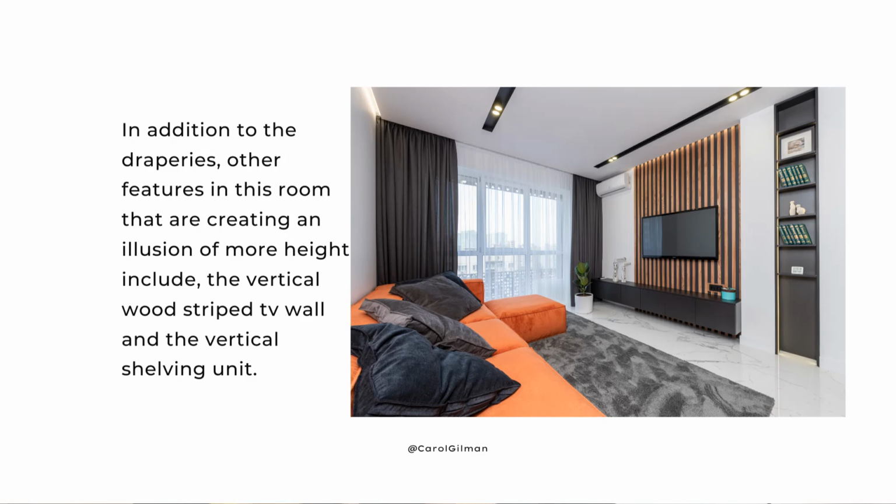You feel like everything's kind of lower and more horizontal, and it's nice and calming, but you'd like to bring in more vertical lines. One thing you could do is think about hanging draperies from the ceiling all the way to the floor in one color or even in vertical stripes. And right away, that would add some verticalness to that space.